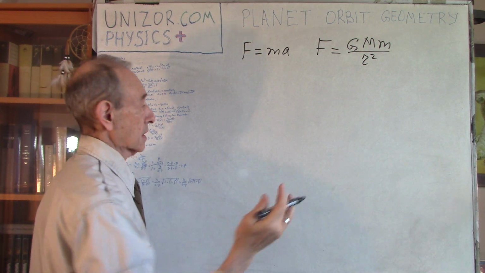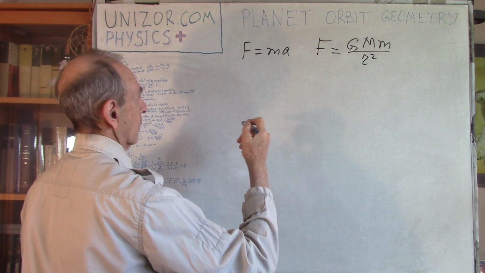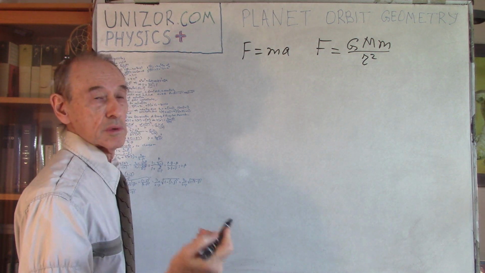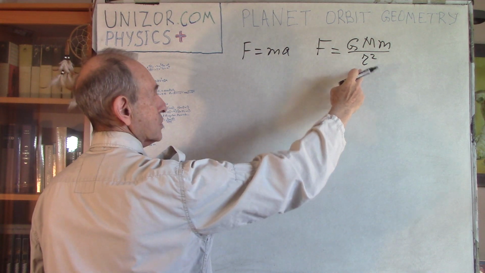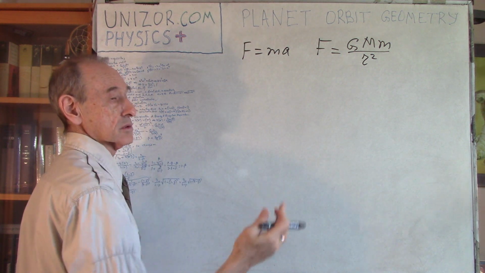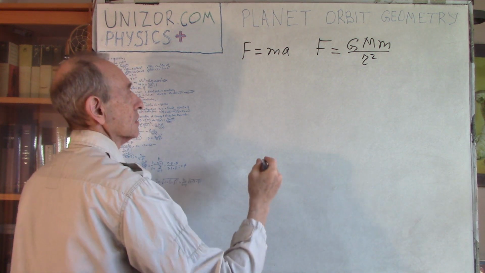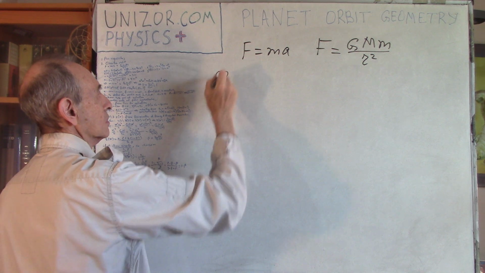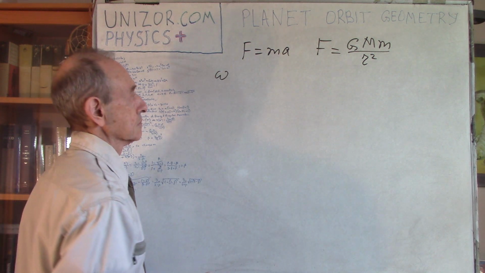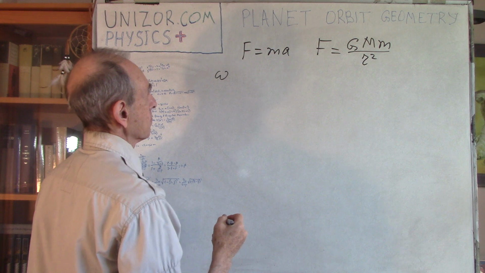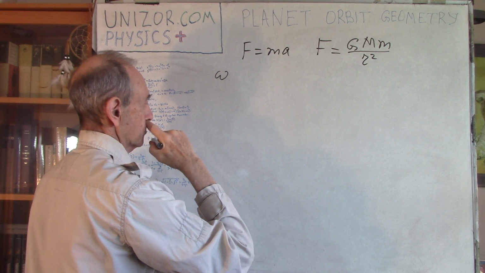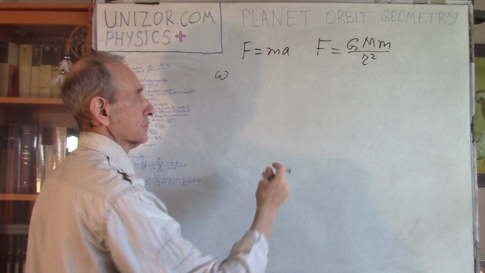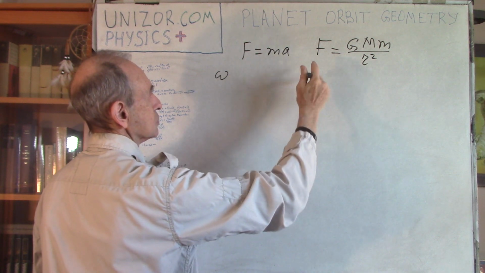Considering this is a uniform movement, we have r, which is constant, right? It's a constant radius, it's a circular movement, and also we have constant angular speed omega.